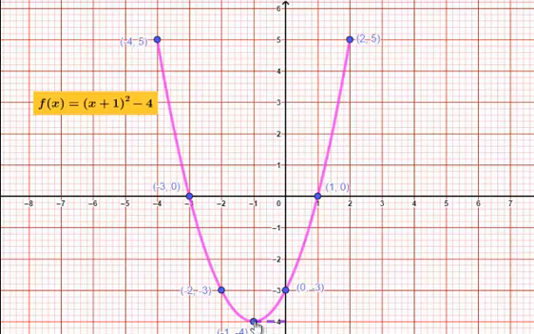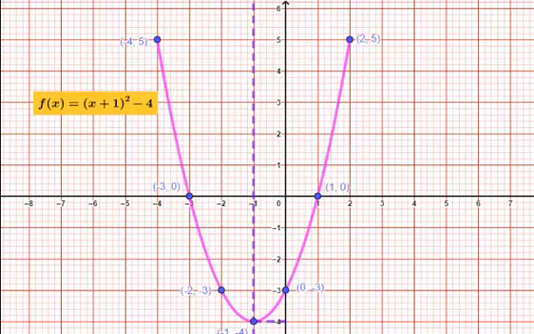Our line of symmetry will pass through the turning point, and this our turning point is -1, -4. So this will be our line of symmetry, which must pass through the turning point.